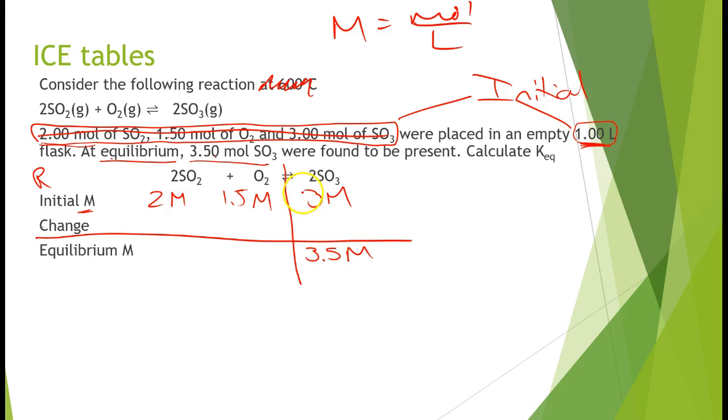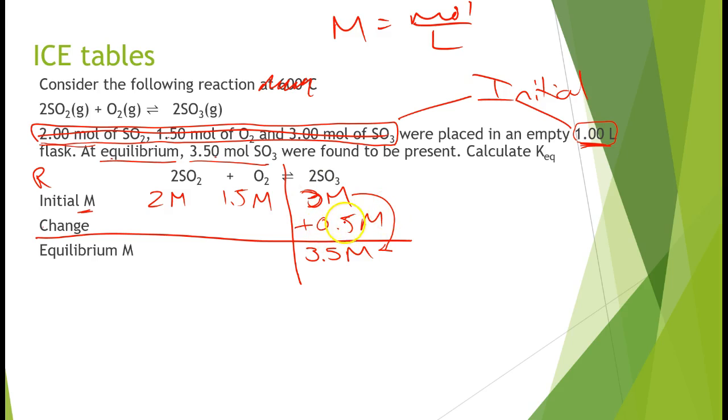And I want you to think about that for a second. What this table is showing us is that what I started out with changed. The SO3 changed by going from 3 to 3.5, so it changed by adding 0.5 molarity.